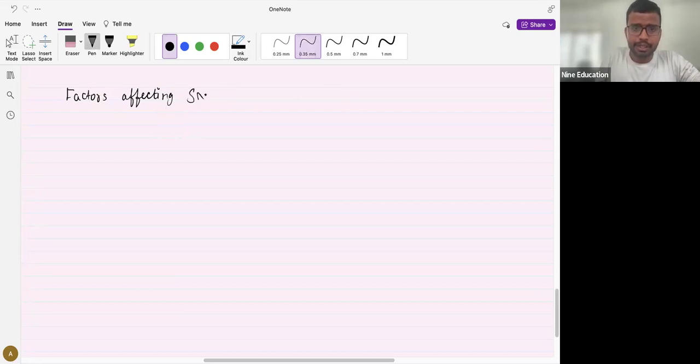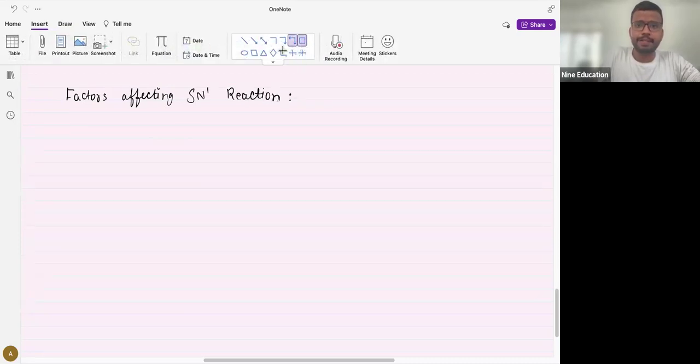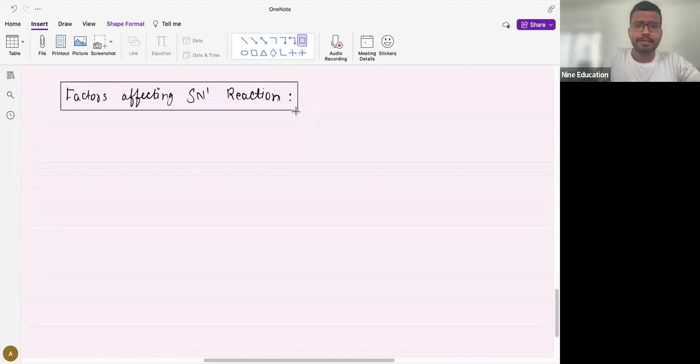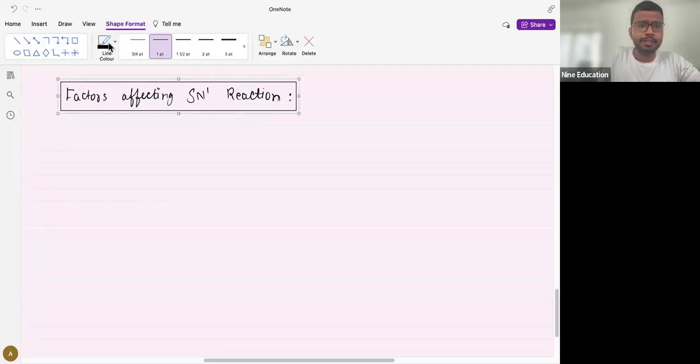Factors affecting SN1 reaction we will study. देखें which factors are there.